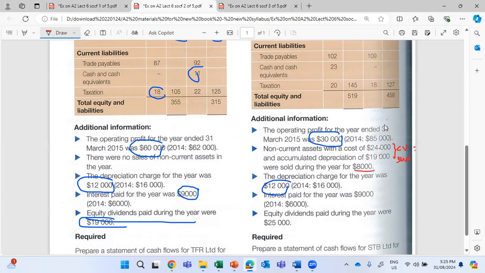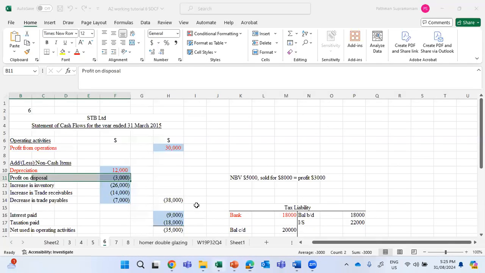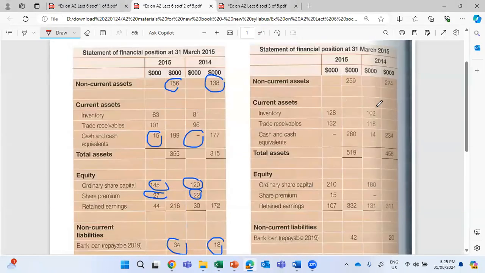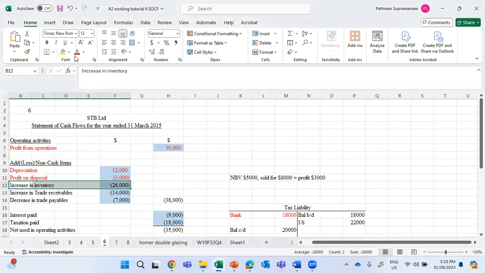But we sold it for 8,000, so we made a profit of 3,000. So we deduct 3,000. And then increase in inventory, 26,000. Comparing 102 and 128, that's an increase, so negative 26,000. Increase in trade receivable, negative 14,000.